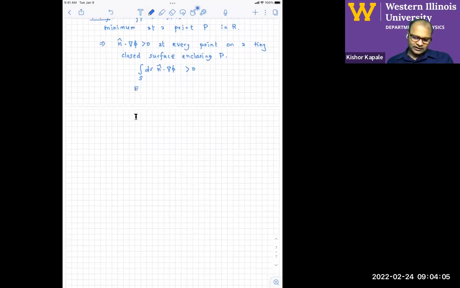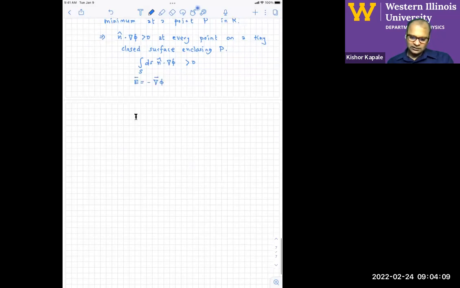Recall that the electric field is negative gradient of phi, and from the divergence theorem, what this becomes is a volume integral. E equals negative gradient phi, and the divergence theorem, and then of course the negative sign.